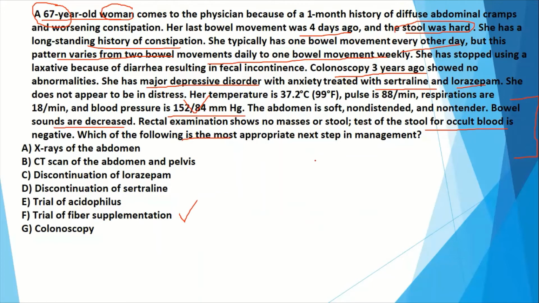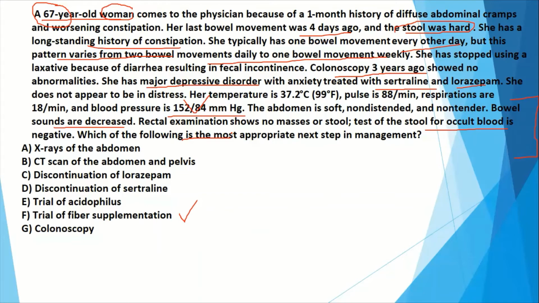So all you are going to do is give a trial of fiber supplementation, right? So X-ray of the abdomen you are going to perform in case of intestinal obstruction, right? So if the patient presents with intestinal obstruction, or if there is perforation, sign of peritonitis, you're going to perform an X-ray of the abdomen. So air under diaphragm you can detect by performing X-ray of the abdomen.